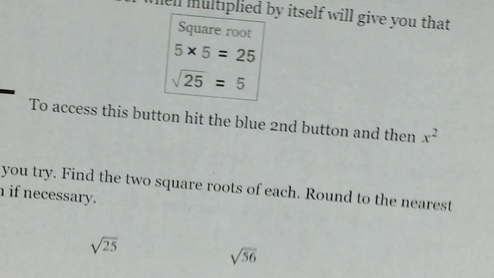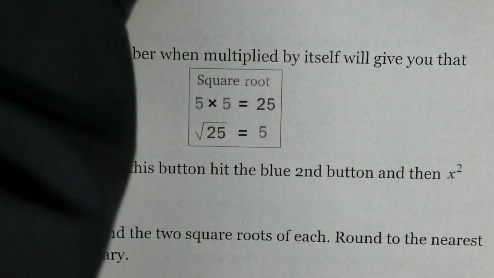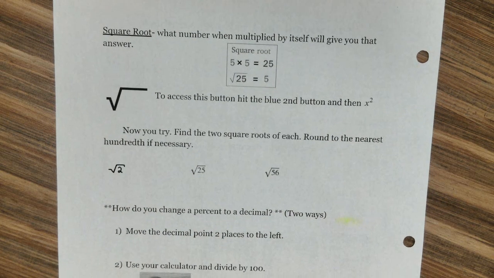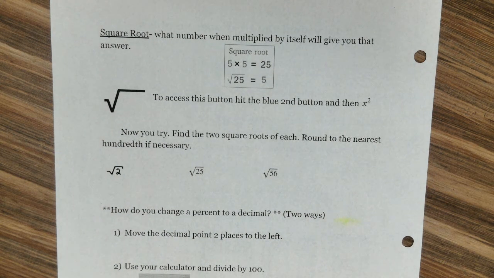Now we're going to talk about square roots. A square root, you've already learned this in 6th and 7th grade. A square root is a sign that looks like this. I have a lot of students that think a square root and square are the same thing. They're actually opposites.